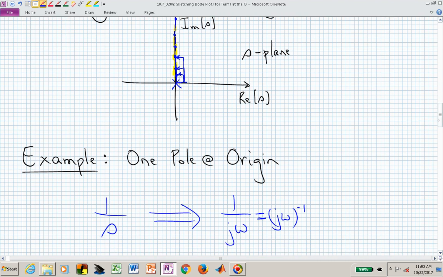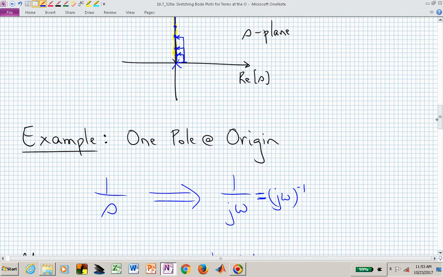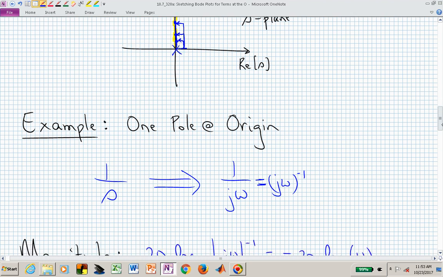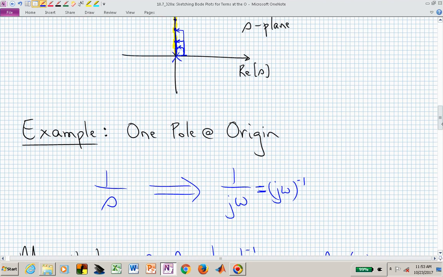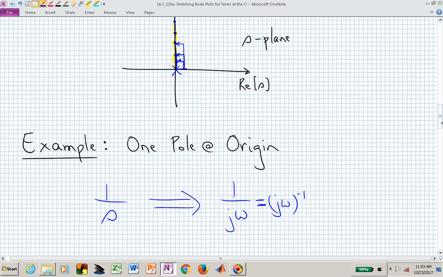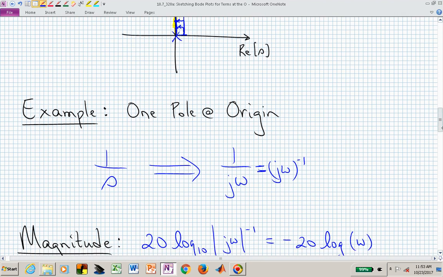So let's now look at sketching the straight line approximation of these poles and zeros that appear right at the origin. Let's look at the example from our transfer function where we had one pole at the origin. We have a 1 over s factor. We're looking at the frequency response, so we're evaluating this when s is replaced with j omega, or when we're walking along the imaginary axis.